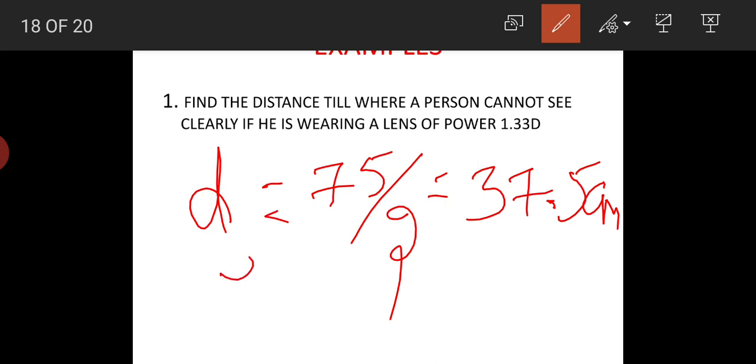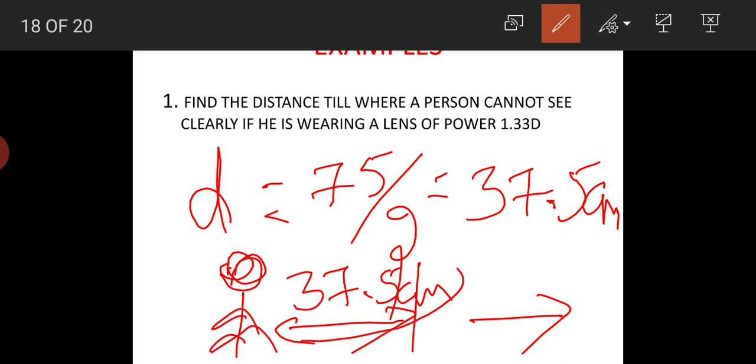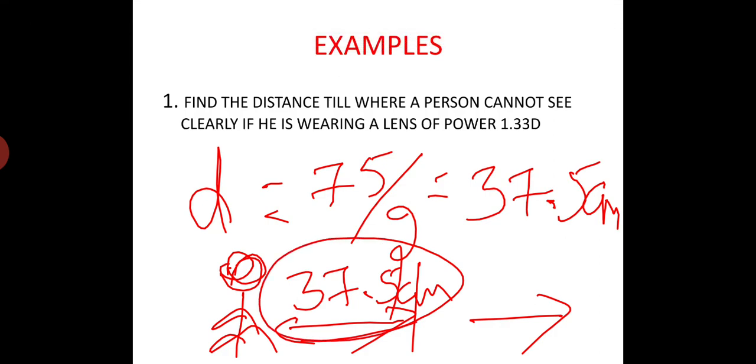It means Harshita, or that person, whoever is having the eye defect, cannot see the objects till 37.5 centimeters, whereas beyond 37.5 centimeters that person can see the objects clearly. So this is the near point distance, 37.5 centimeters.